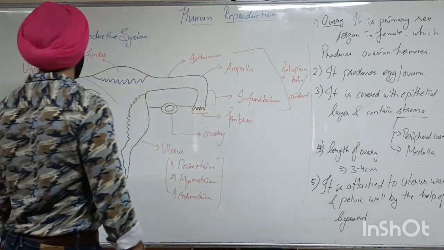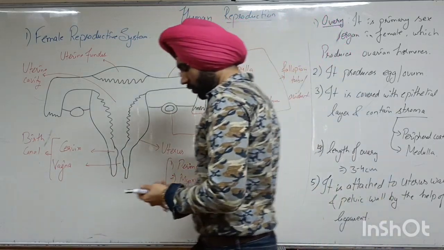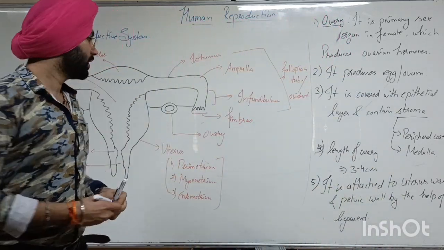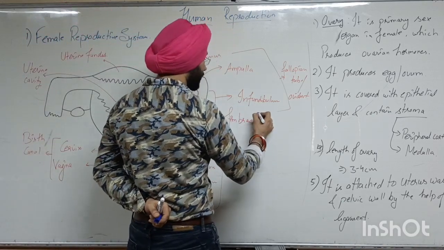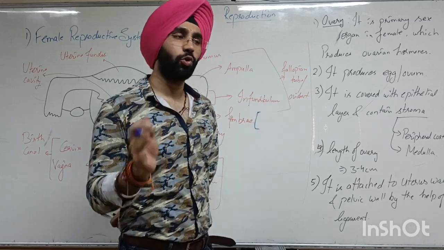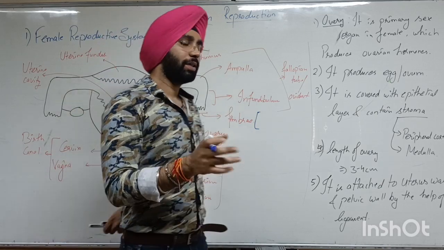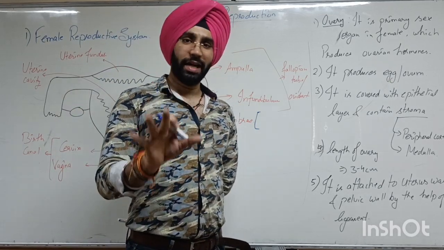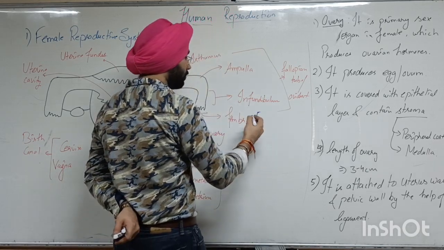Now I am going to cover the next topic, which is the femur. You can write it down over here. For the femur, there is only a single statement written in our NCERT. According to NCERT, the femur is the part responsible for collection of ovum after ovulation. Here I am writing with a blue pen.